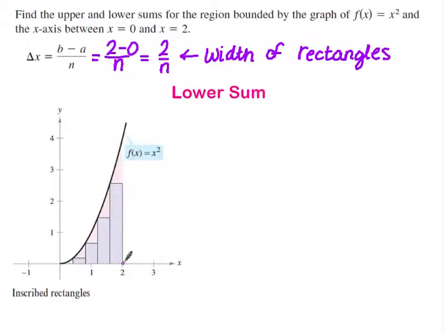Here I am at 2, right? What is the height of this rectangle? Is it f of 2 like I found? No, it's not f of 2. It's actually the previous value of x, right?